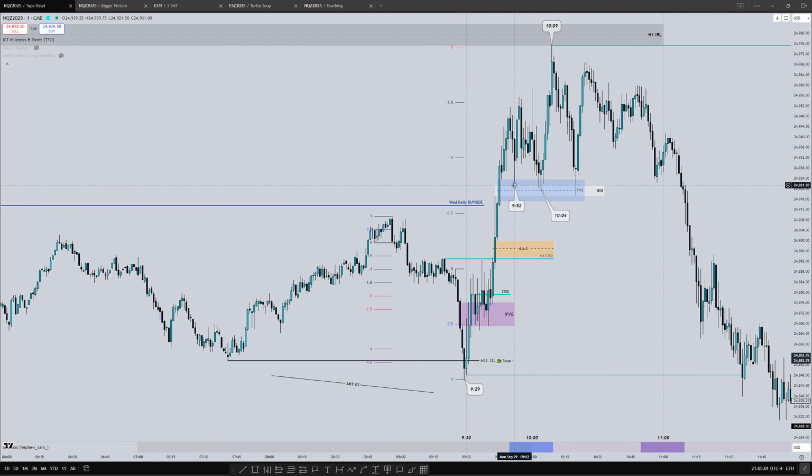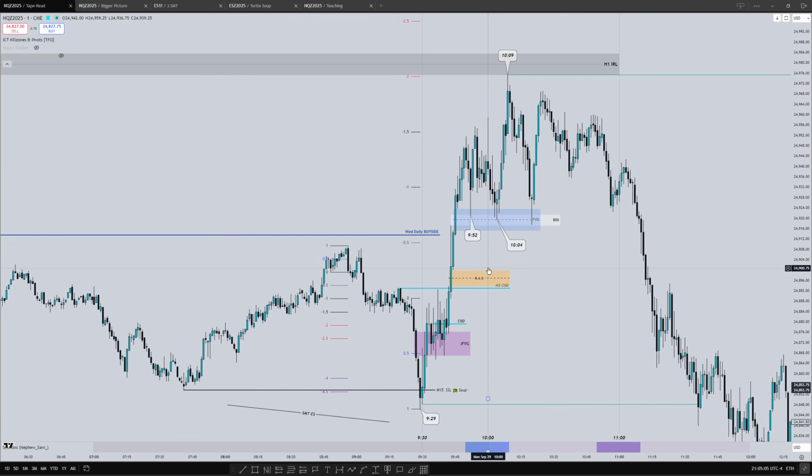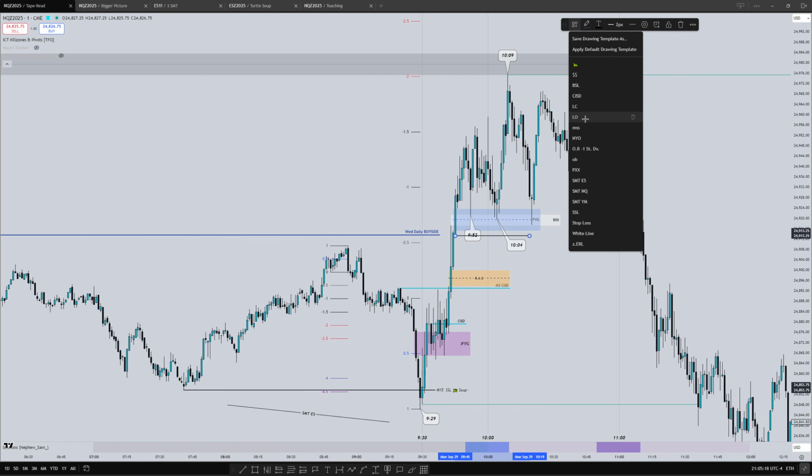All right. So in this case, question is, if you were using the 9:52 entry or the 10:04 entry before it ran up to the buy side, where would you place your stop? Preferably, if this is the fair value gap, at the fair value gap low here, or aggressively at this low. So either one would be something of interest, right?